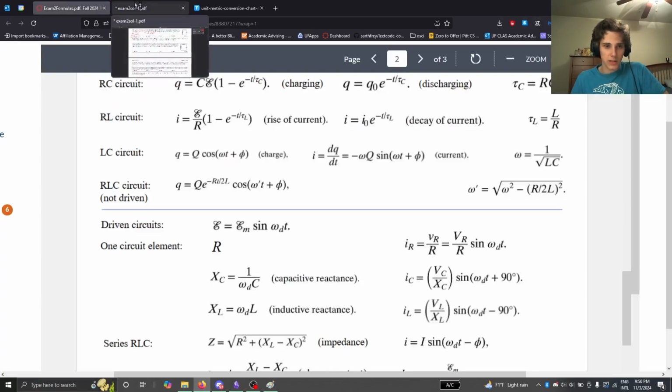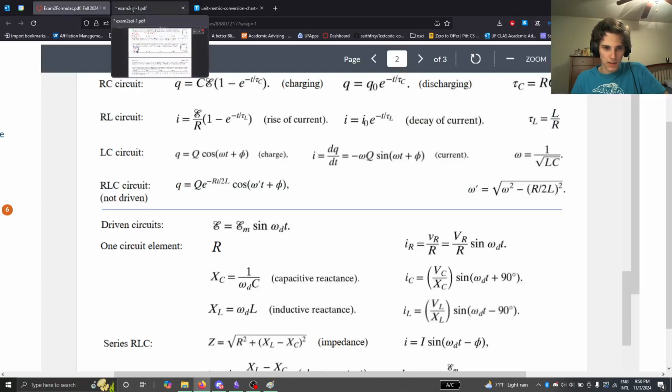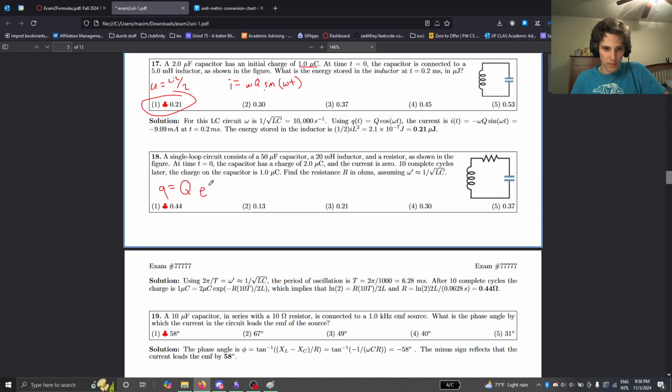Okay, so let's work through this. Q equals big Q e to the negative RT over 2L.